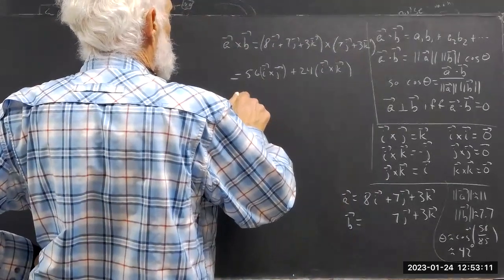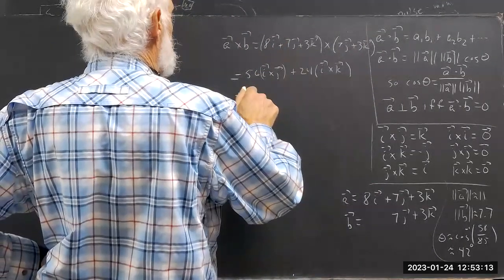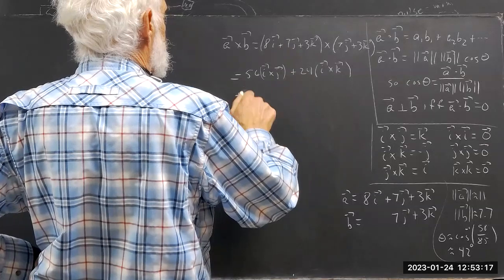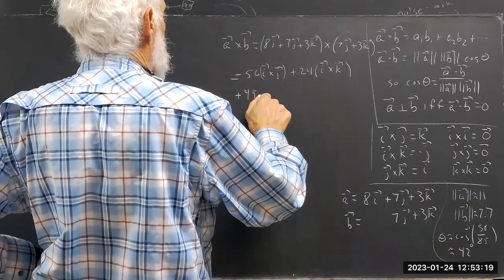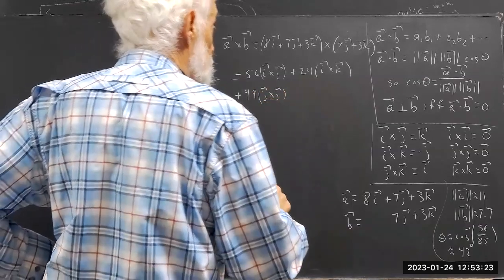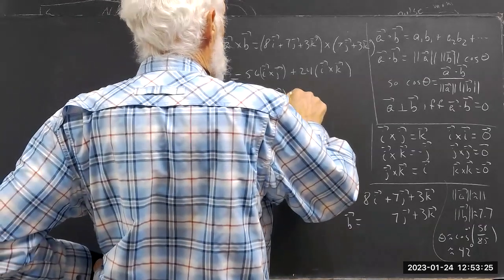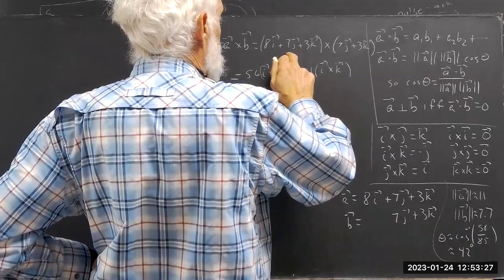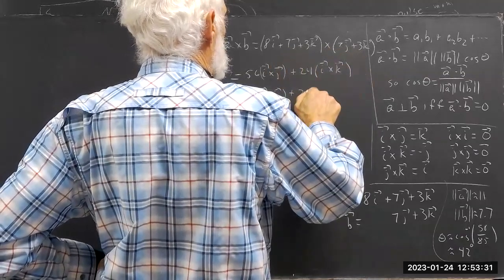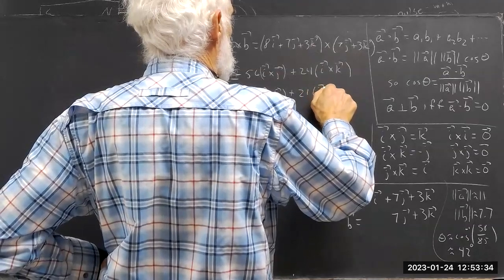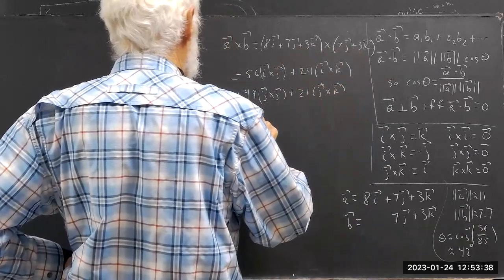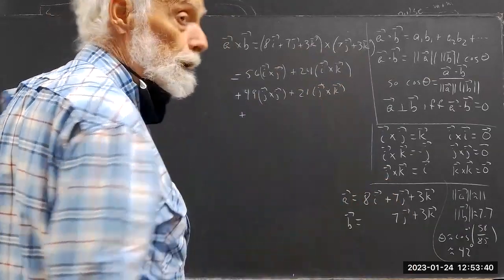Okay, then it's what? Plus 7j crossed with 7j, which is 49 j cross j. And 7j cross 3k, which is 21. Again, just distributive law.